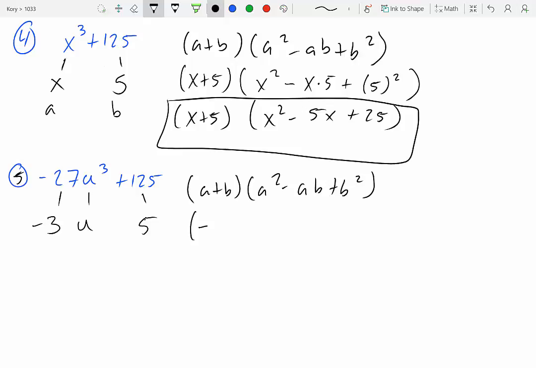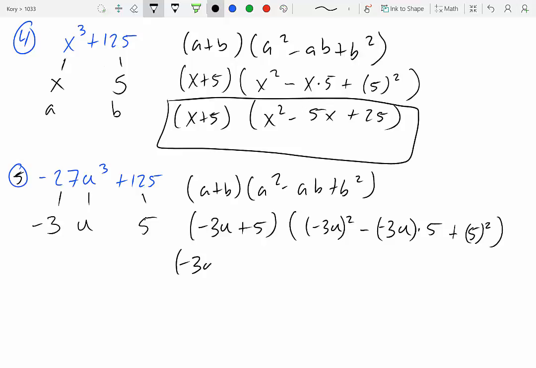So we have negative 3u plus 5, negative 3u squared, minus negative 3u times 5, plus b squared, which is 5 squared. Now we need to simplify.